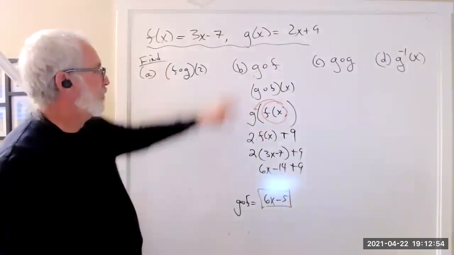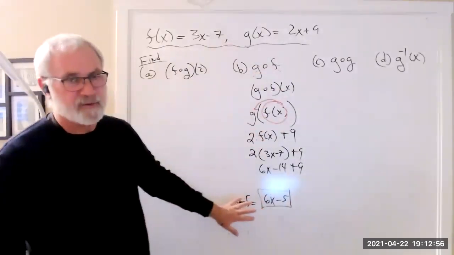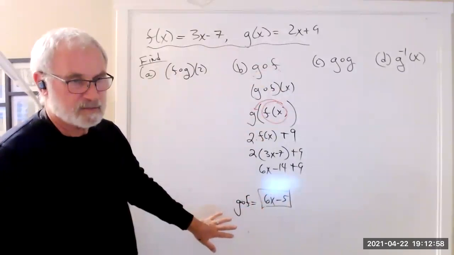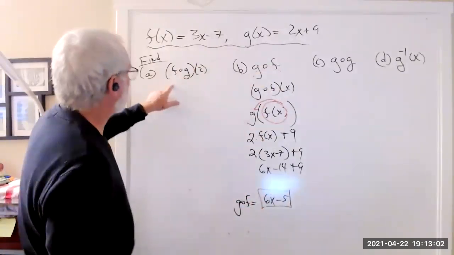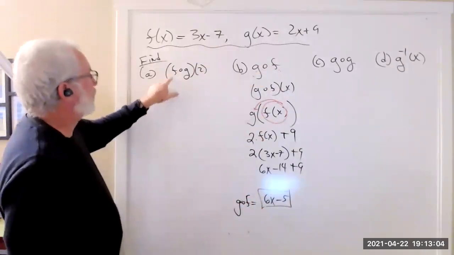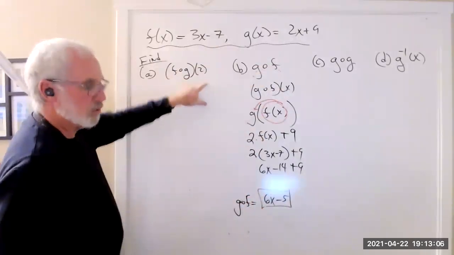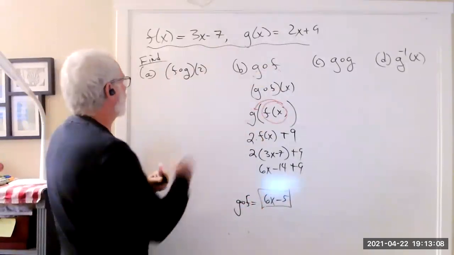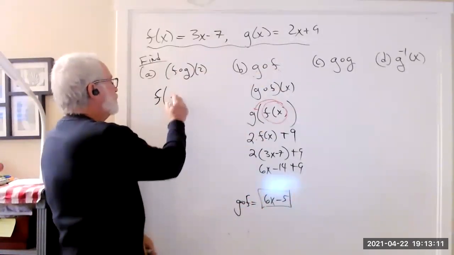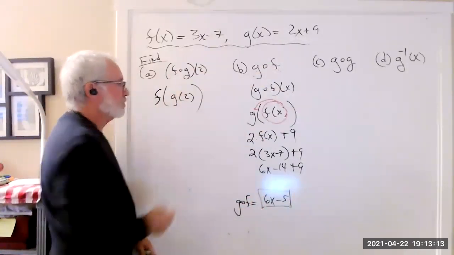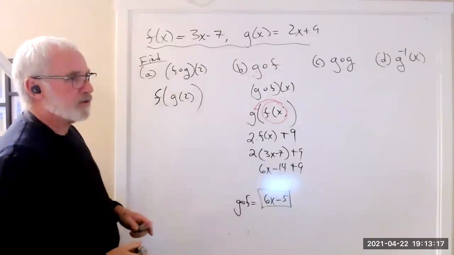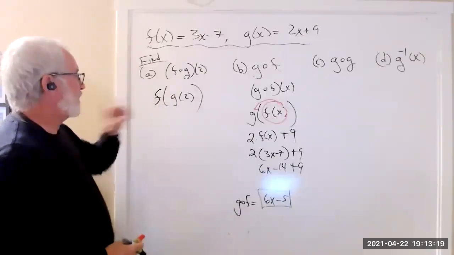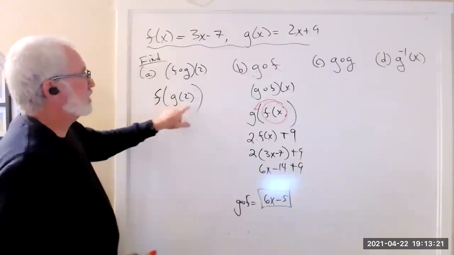For letter B, is that okay with everybody? Now, coming over here to A, F of G of 2. This is a little bit different because we can actually calculate G of 2.